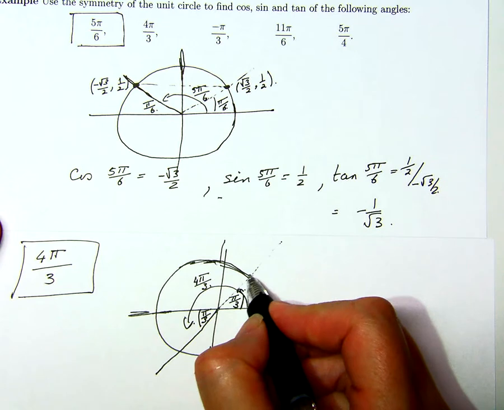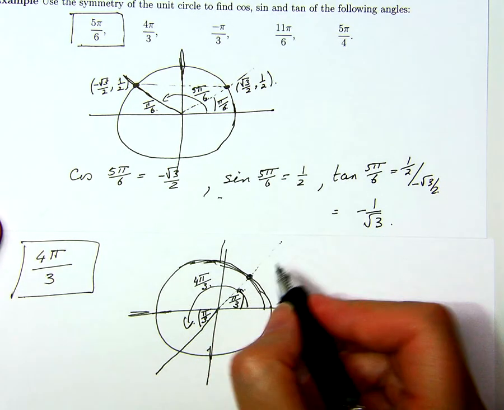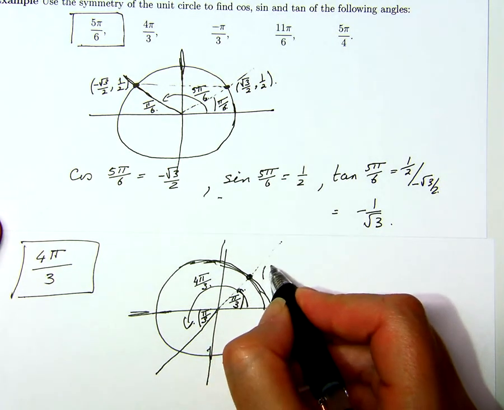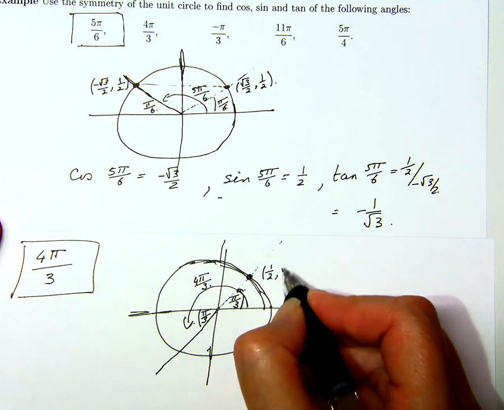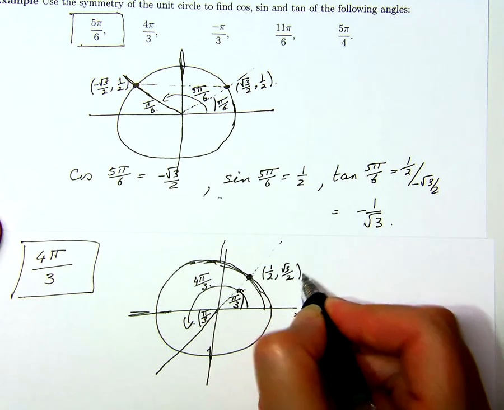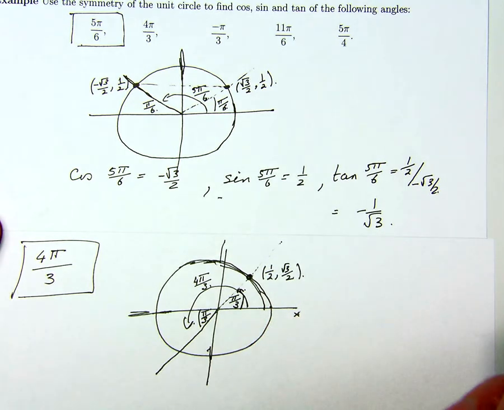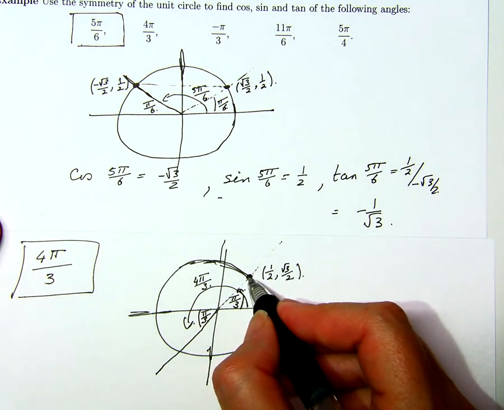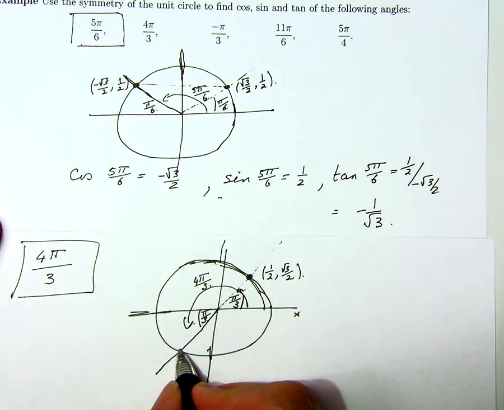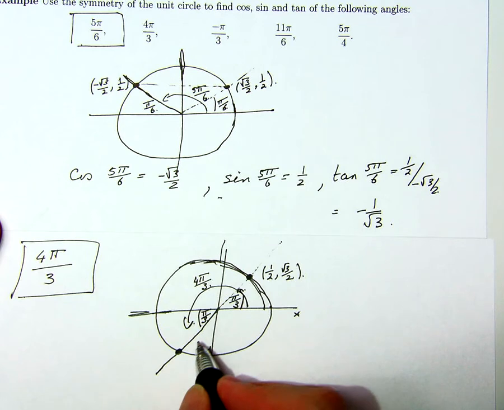Now, I already know the sine and cosine of pi over 3. The cosine is 1/2 and the sine is the square root of 3 over 2. And that gives me the coordinates of where this ray cuts the unit circle. Now, this point is the reflection in the origin of the point over here where the terminal ray of 4 pi over 3 cuts the unit circle.